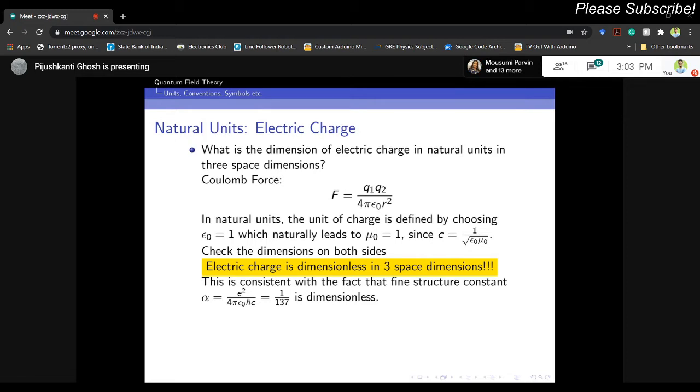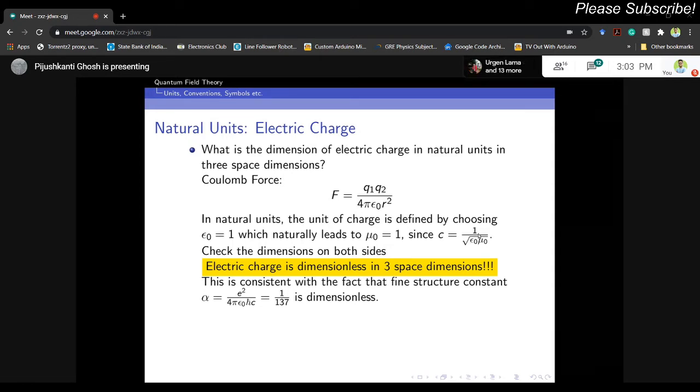Now in natural unit, we take epsilon naught, permittivity of space, equal to 1. If we fix that, that's our choice, then it naturally leads to permeability of the medium equal to 1, because the velocity of light is related to the permittivity and permeability through this relation.